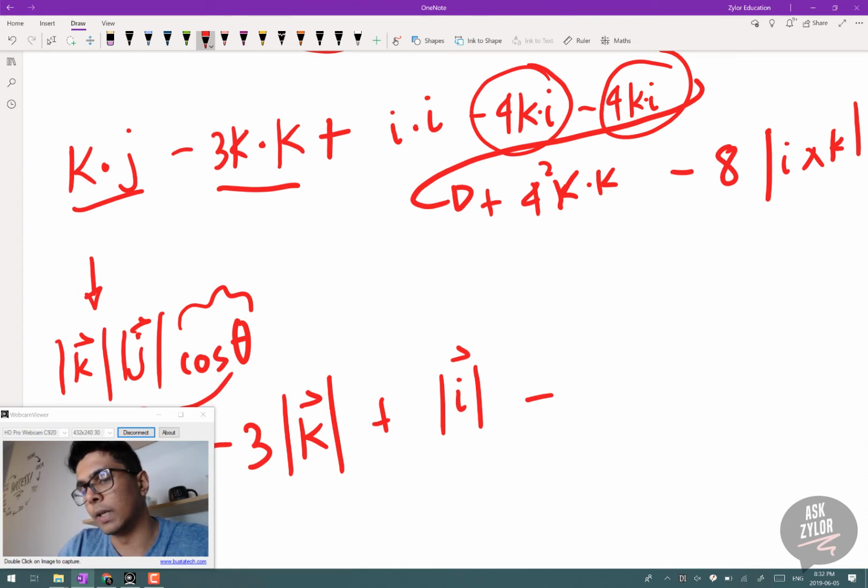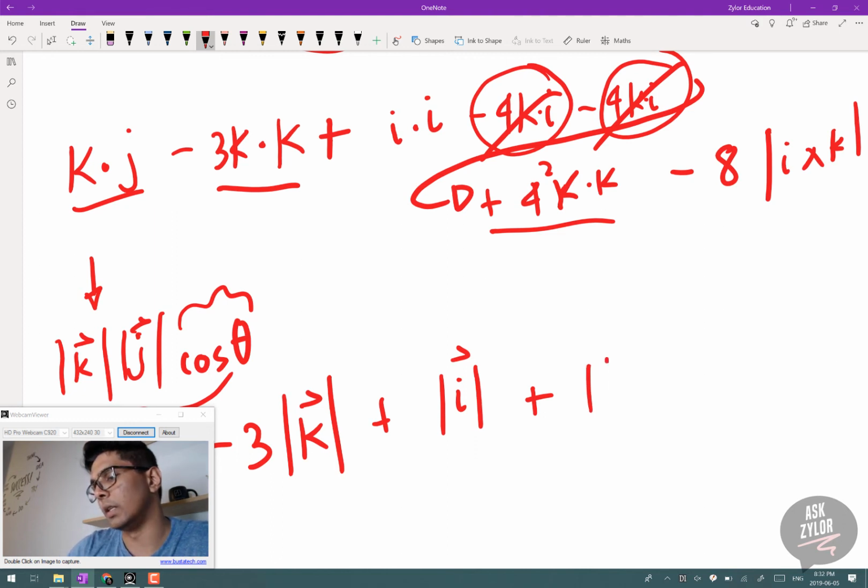The same rule applies here. If we take the dot product of two orthogonal vectors, it should evaluate to 0, so both these terms evaluate to 0, right? And then 4 squared is going to be 16 times the magnitude of k.